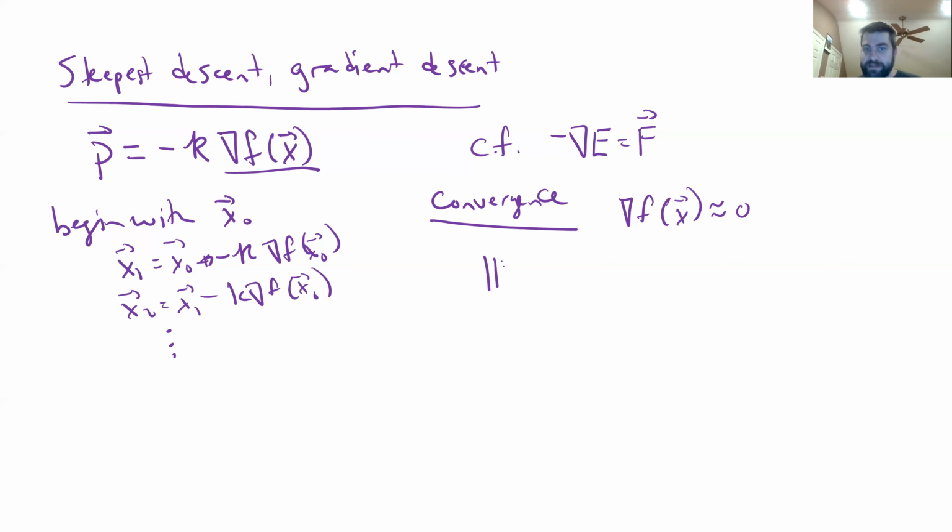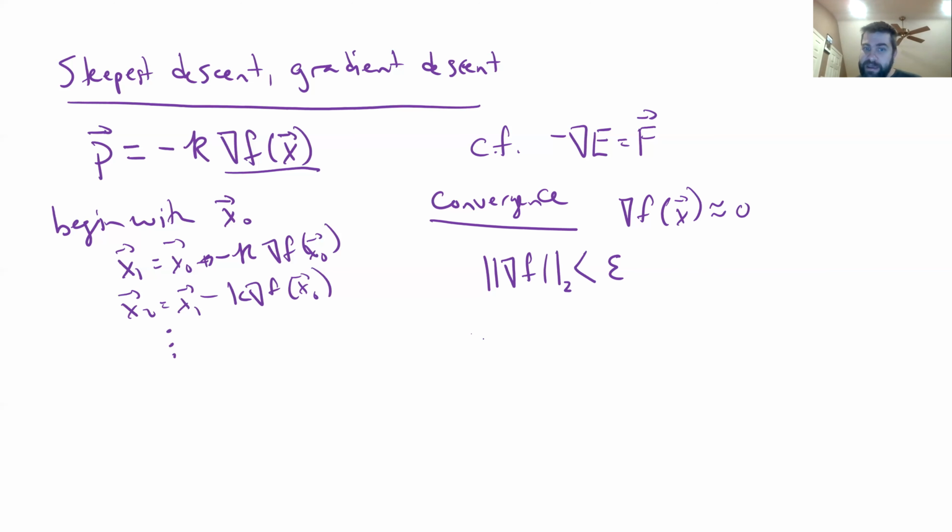One of the simplest ways is to look for the norm of the gradient and ask for this to be less than some certain epsilon, where this is generally considered the 2 norm, the square root of the sum of the squares of all of the elements.